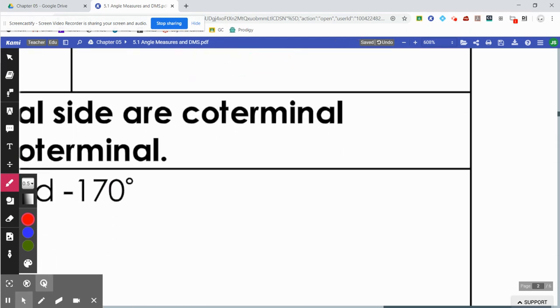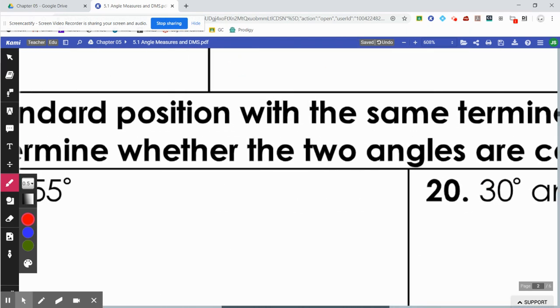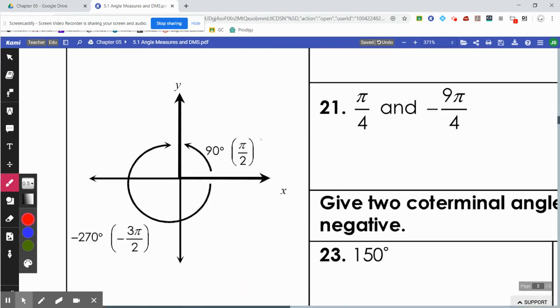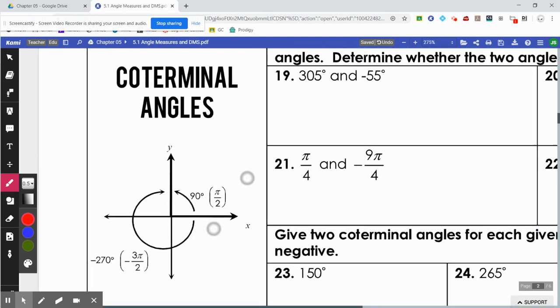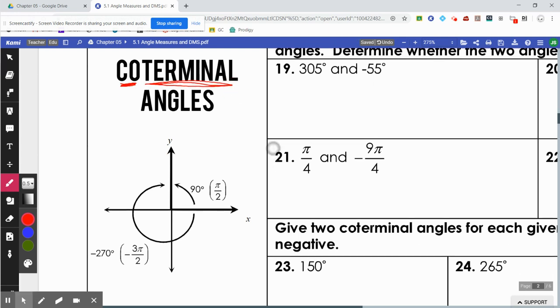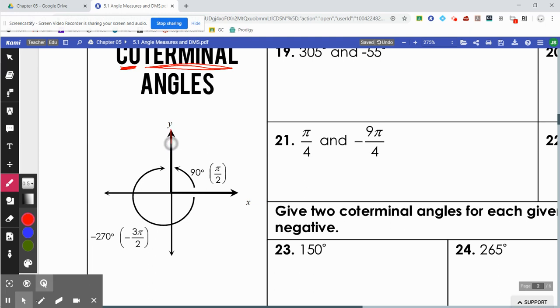Next up, we're going to be talking about coterminal angles. Now let me scroll over here and show you what a coterminal angle is. If you look at the word coterminal, co means with or together. Terminal, we've already talked about what the terminal side was. That's the side where it stops. So if you have two angles, like notice this 90-degree angle right here.